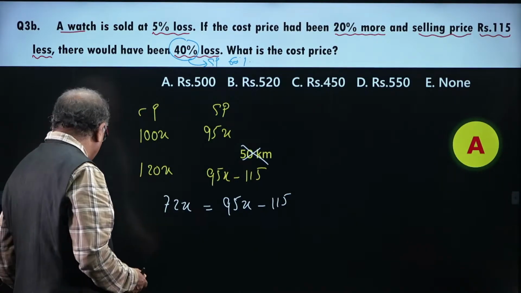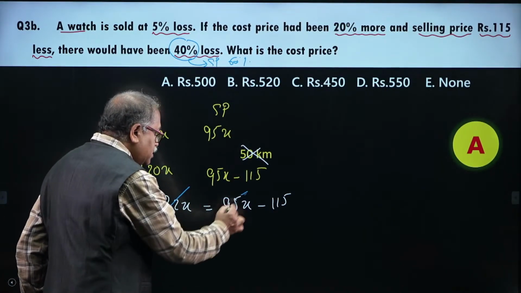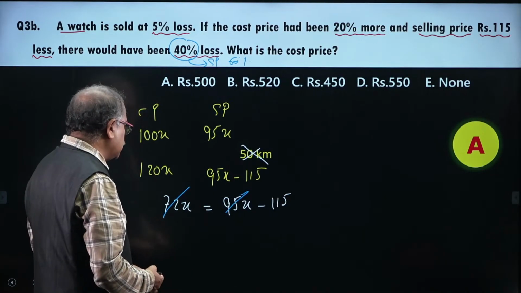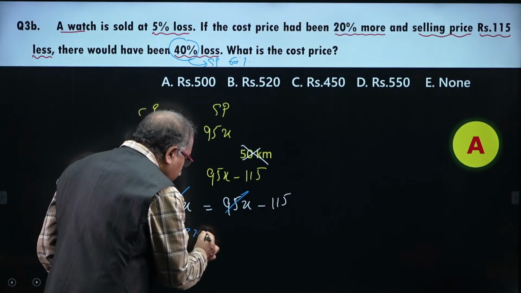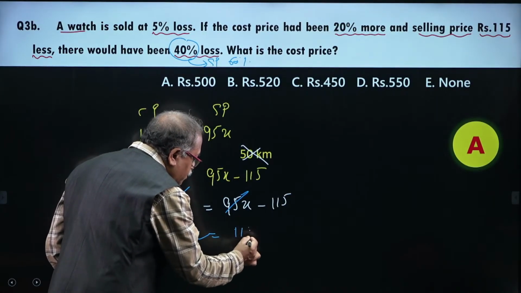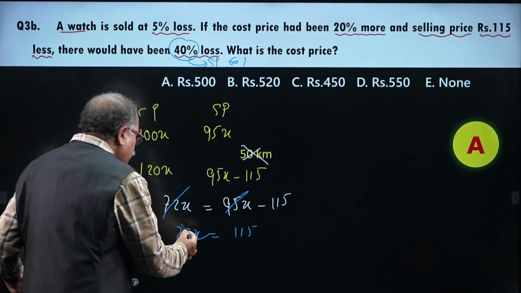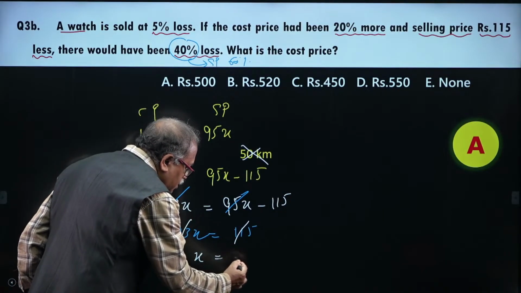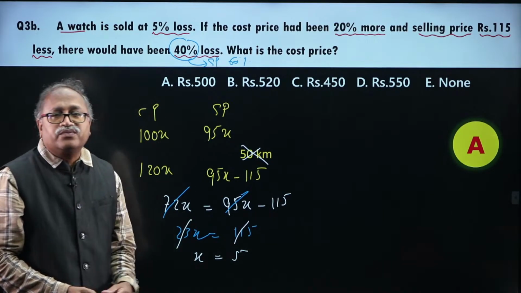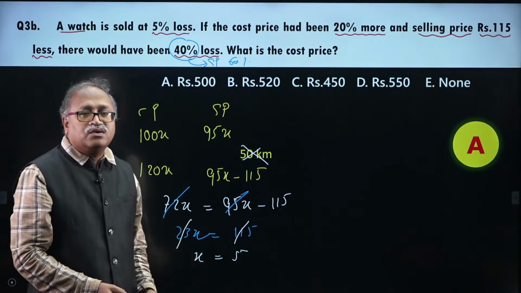So, here I will cancel this part, and I notice that 3 and 2, 23. So, 23x is equal to 115. Then what is x?